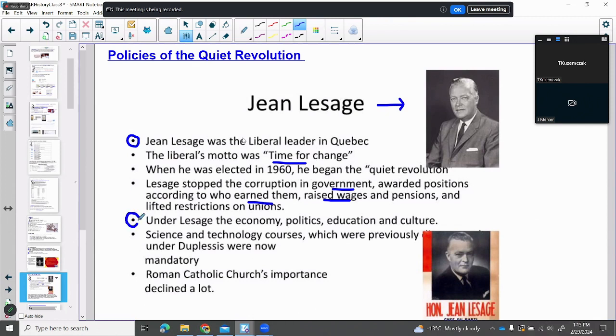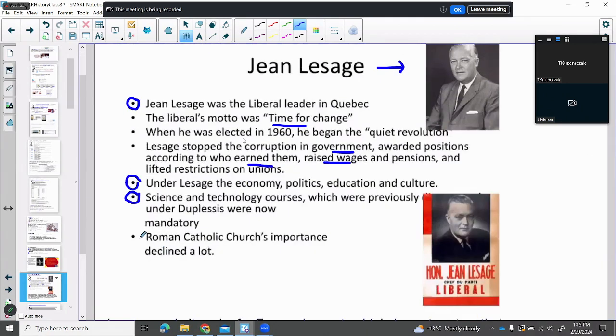Under Lesage, the economy, politics, education, and culture changed. Science and technology courses, which were previously under Duplessis, were now mandatory. And the Roman Catholic Church's importance declined a lot during his time.